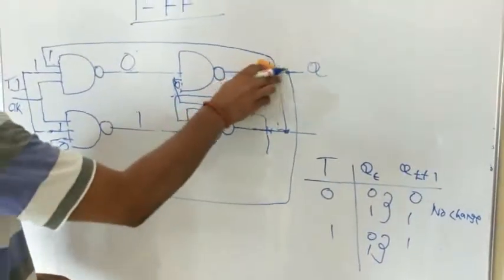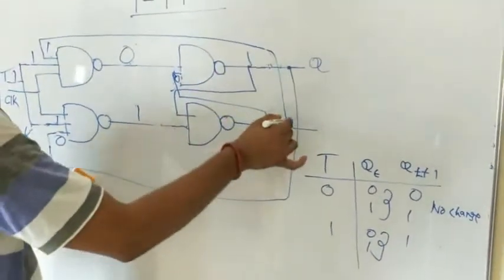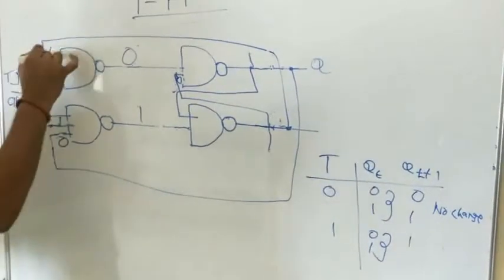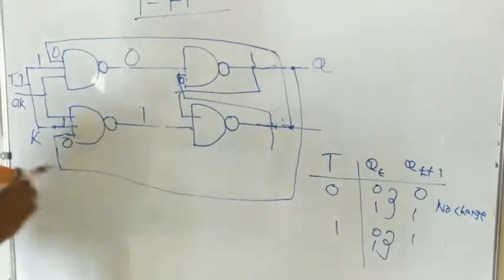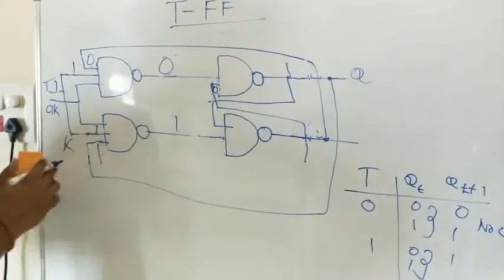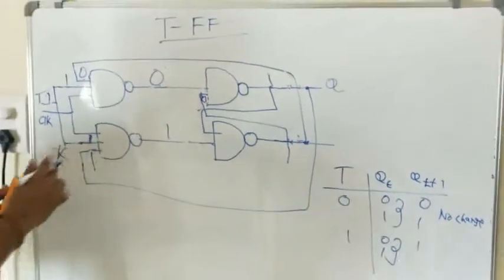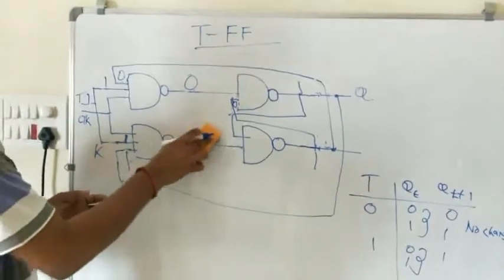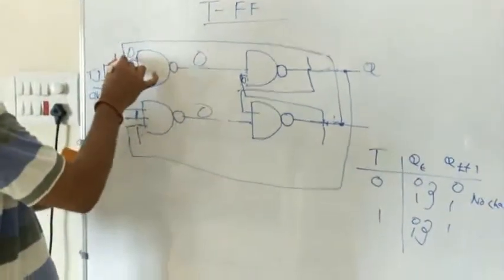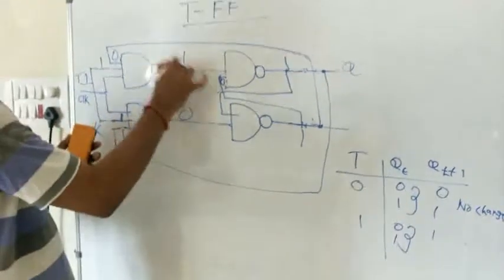Now we will assume Q equal to 1. Q equal to 1 means Q dash is 0. This Q is 1, right? So now this NAND gate has all the inputs as 1. So this becomes 0. Here one of the inputs is 0, so this NAND gate is going to be 1.